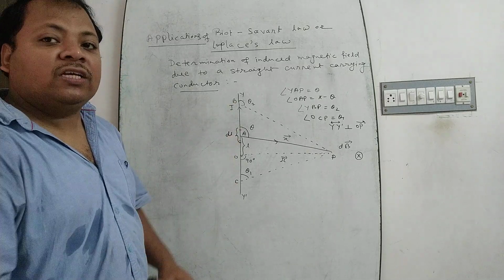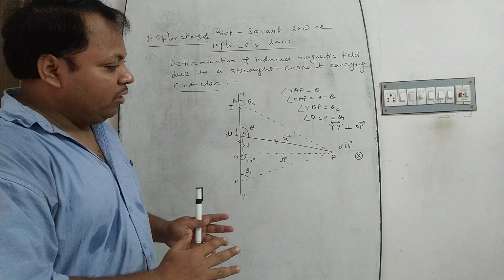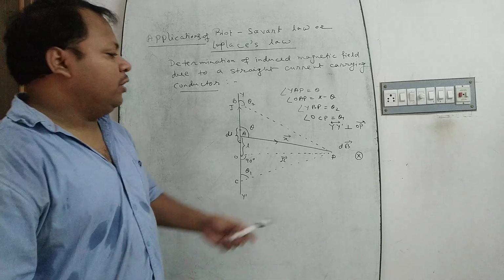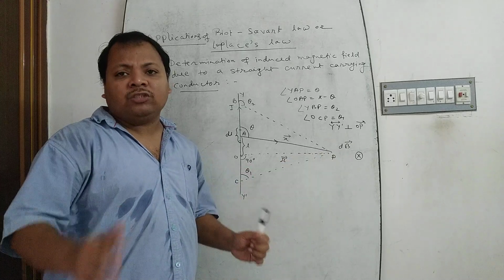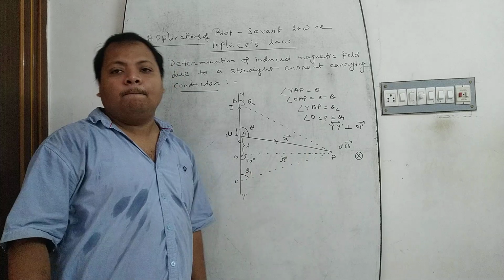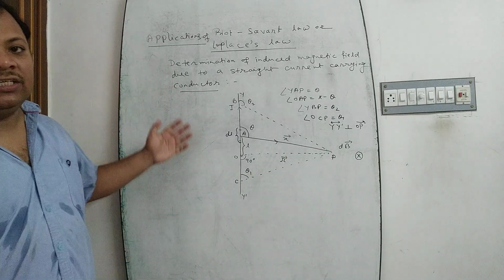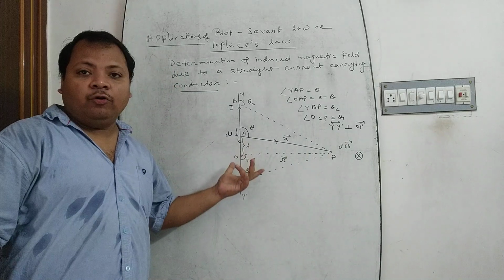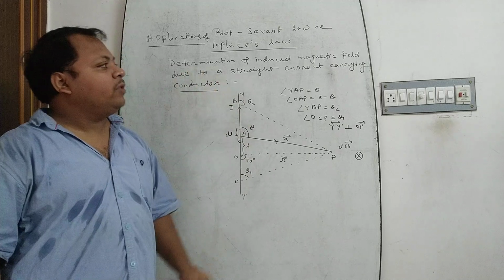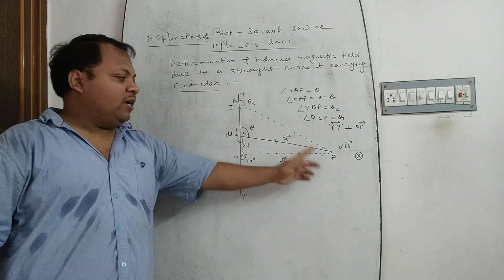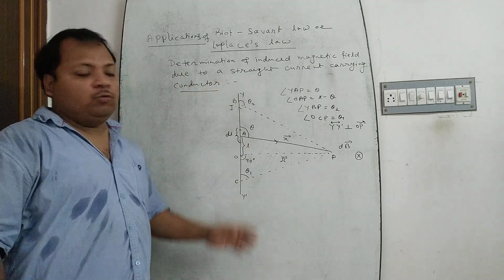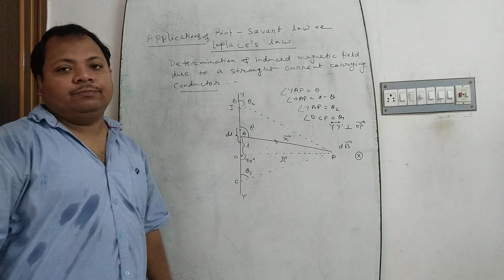Then we shall find out the vector form or magnitude of the induced magnetic field at the point P. Let's see the video to determine the induced magnetic field at the point P due to the line segment BC.